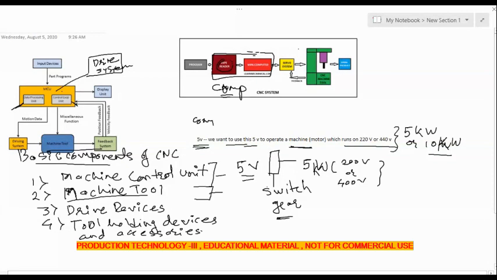There is a circuit, and this circuit is called switch gear. So this is a drive system. In the drive system, the switch gears are there, which take the signals and give the signals to the motor in the drive condition, right? So this is the basic heart of your CNC machine, wherein the machine control unit has two parts.